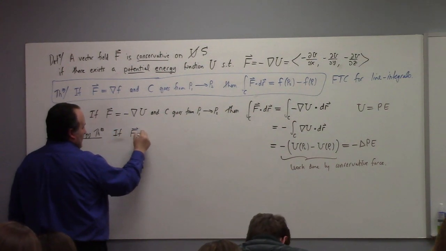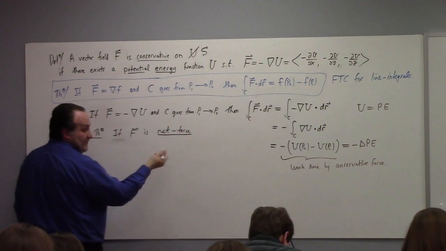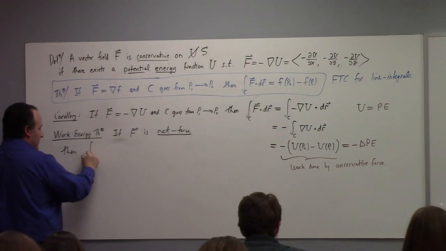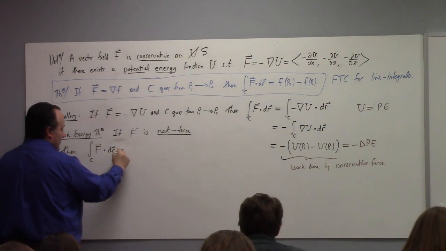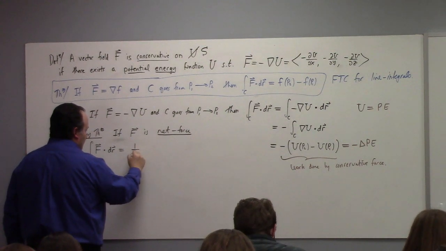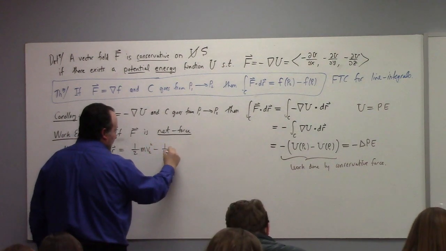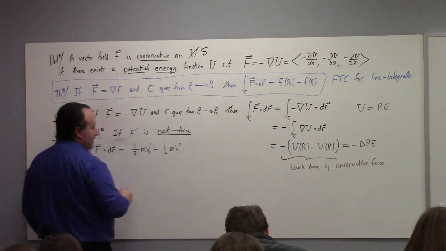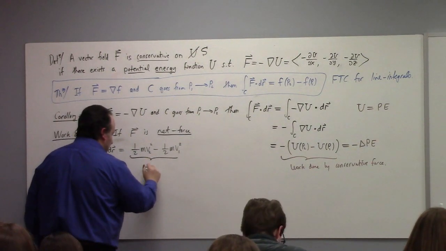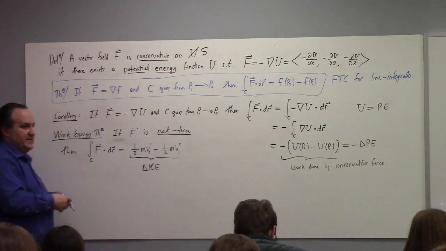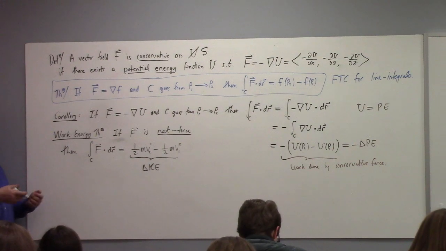If F is the net force, then the integral along the curve of F dot dr would be equal to 1/2 m v2 squared minus 1/2 m v1 squared. It was the so-called change in kinetic energy along the path. This is the work energy theorem. It only applies, of course, if the force we're talking about is the net force.